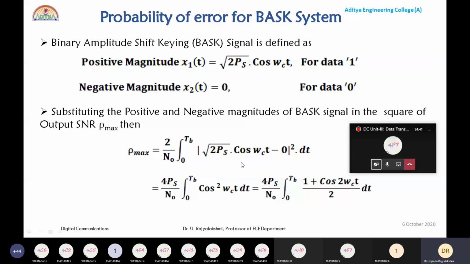So substitute x1 of t as root 2Ps cos omega ct and x2 of t as 0, and this will be root 2Ps cos omega ct square.